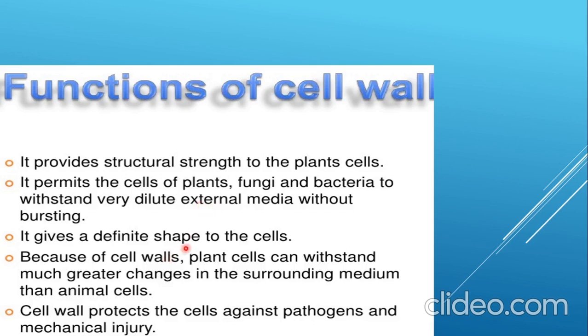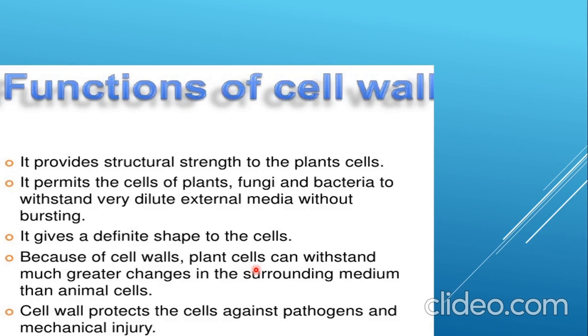It gives shape to the cell, and because of the cell walls, cells can withstand environmental changes happening around. It also protects against injuries and pathogens. So in a nutshell, the functions of the cell wall are to provide strength, to give shape, and to protect the cell against pathogens, mechanical injury, as well as chemicals. These are the main functions of the cell wall.